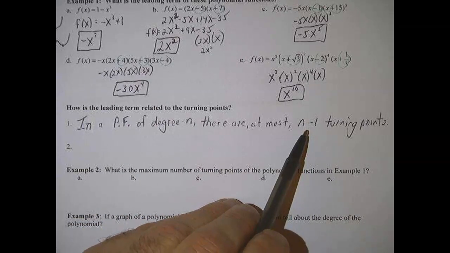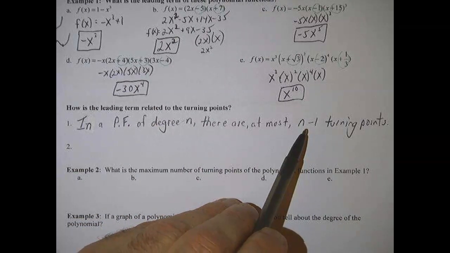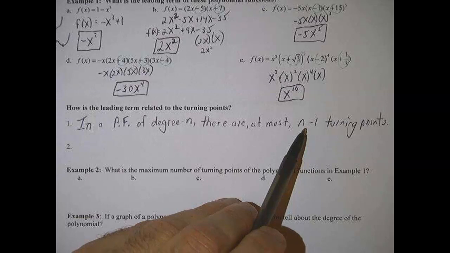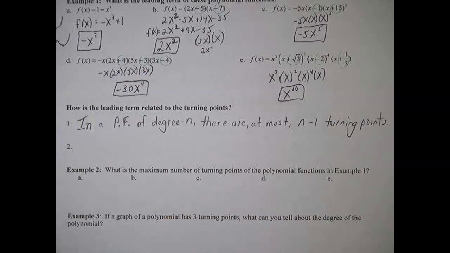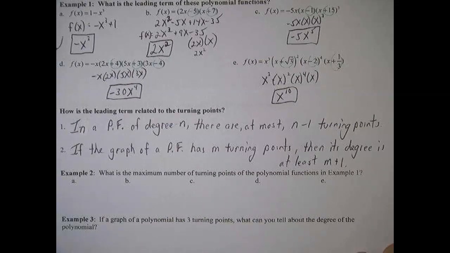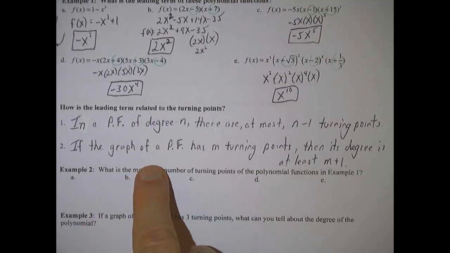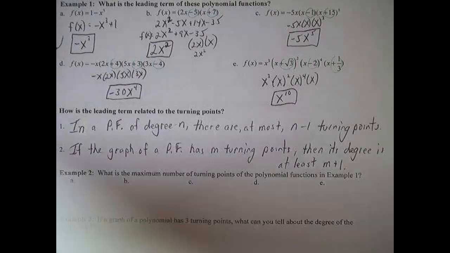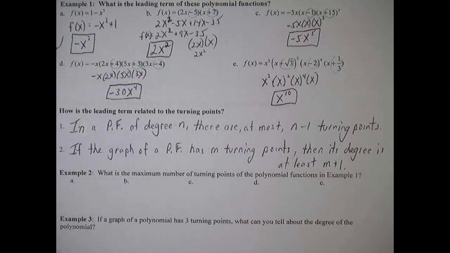Okay, and that works the other way too. So if we're looking at a polynomial function and we see the graph and it's got a bunch of turning points, we can conclude something about the degree. If the graph of a polynomial function has m turning points, then the degree is at least m plus 1.